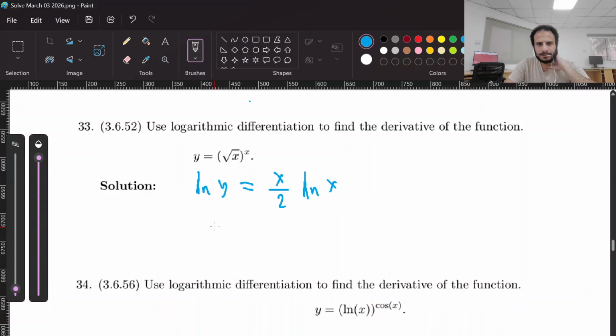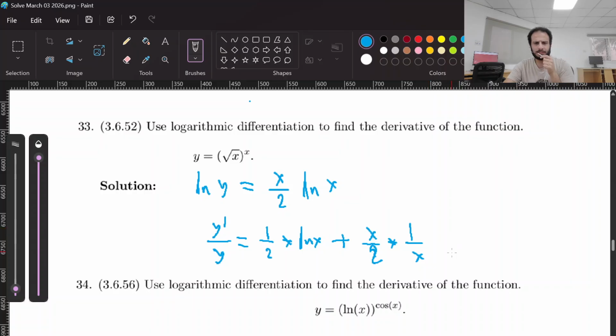Y prime over y equals, we use the product rule, x over 2 is half, times ln x, then plus, you keep x over 2 as it is, times 1 over x. Good.